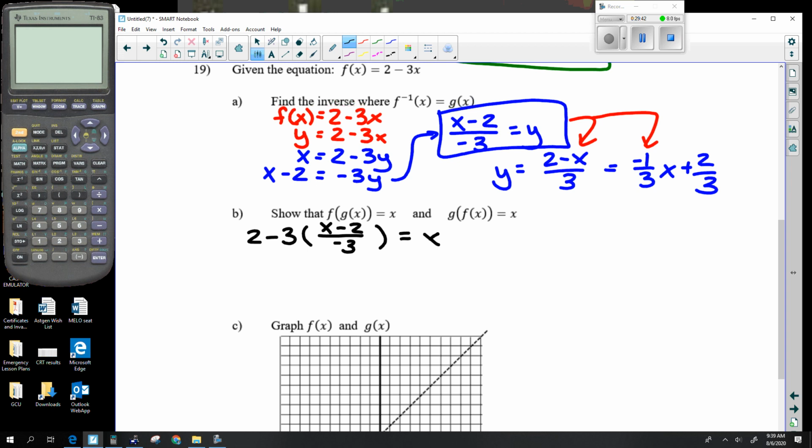And I'm going to show that that should be equal to x. So what I see is I have this negative 3 multiplying in, so that it will cancel out. So this is a 2 plus, so it doesn't become a multiplication. And then x minus 2 remains, and I see plus 2 minus 2, x is equal to x.